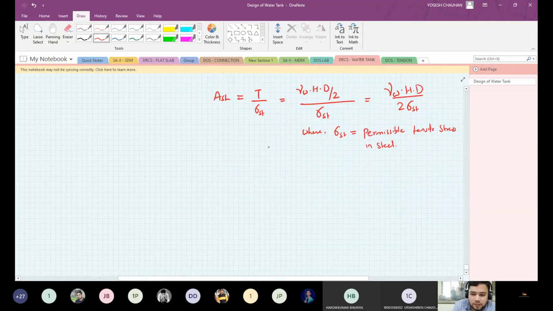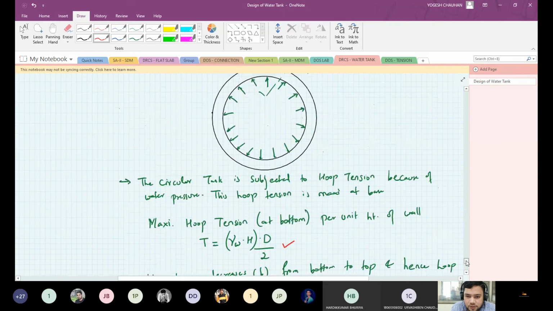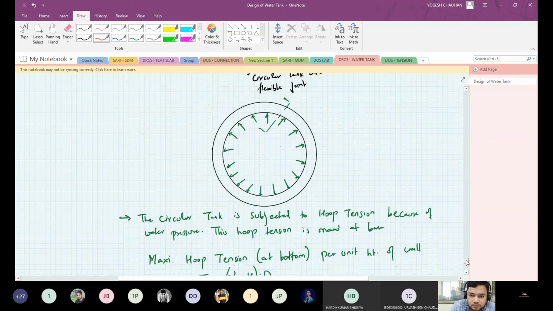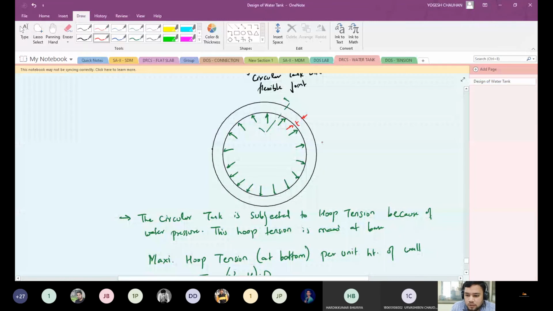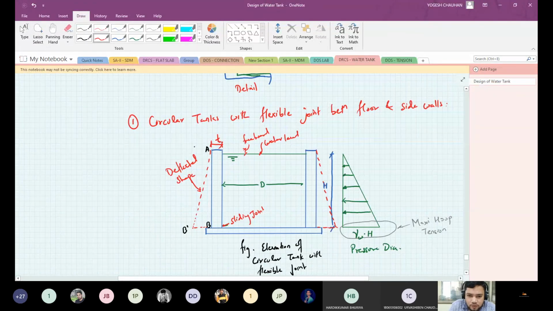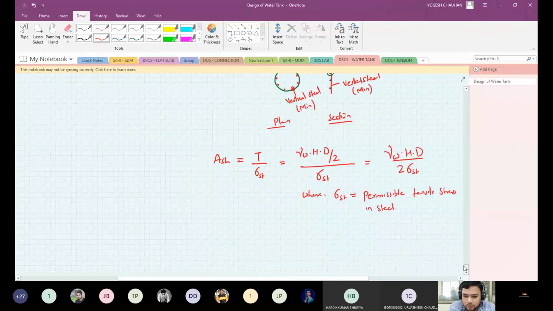And you can also find the wall thickness, using the same formula which we have used for a member subjected to tension only.